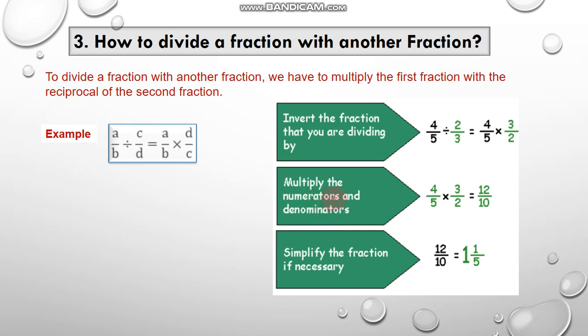Now next step, multiply the numerators and denominators, that is 4 3s are 12 and 5 2s are 10. Then simplify the fraction if it is necessary. So here 12 by 10 can be simplified, 6 2s are 12 and 2 5s are 10, which is again converted into a mixed fraction. So answer is 1 and 1 by 5.